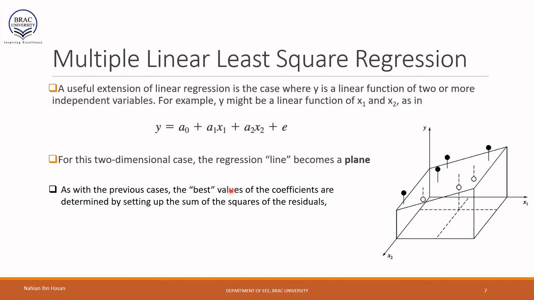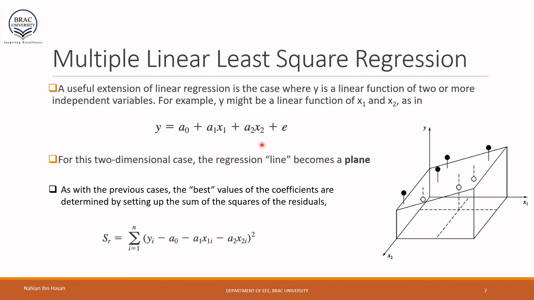So we need to find the coefficients that determine the best fit plane. What coefficients are we looking for? We need to determine a0, a1 and a2. If we determine these three coefficients, we can get the best plane. To get that best plane, we need to minimize the least square error.